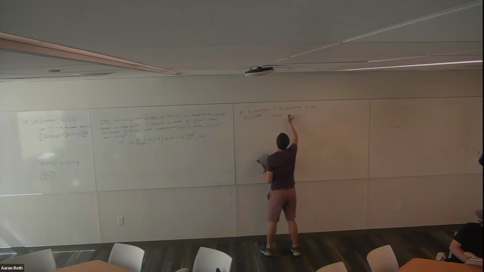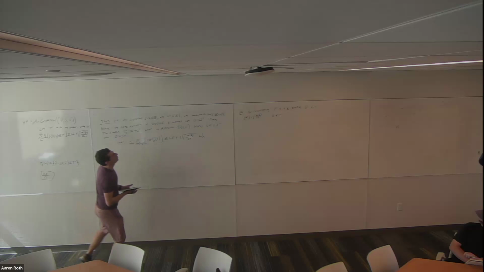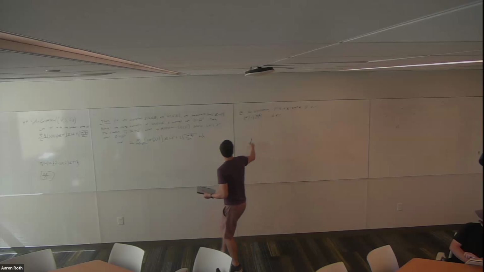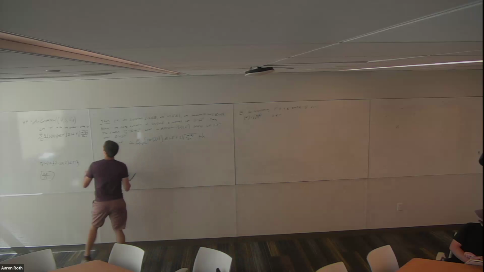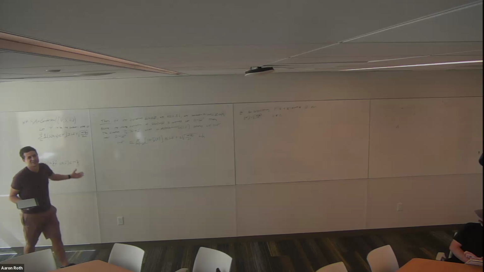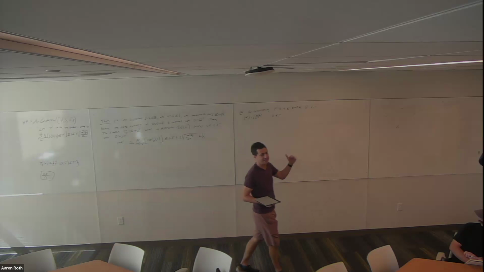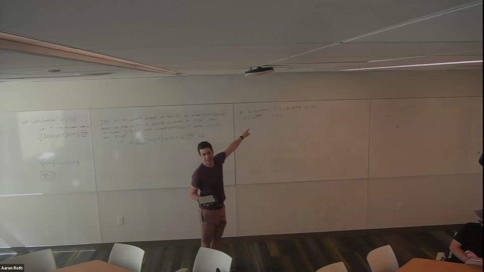Why roughly? Well, this is some real number, but the calibration set only has n points in it, so the quantiles are distinct only at the granularity of 1 over n. It doesn't really make sense to say it's exactly this quantile of the distribution.